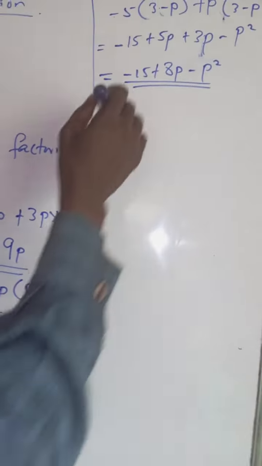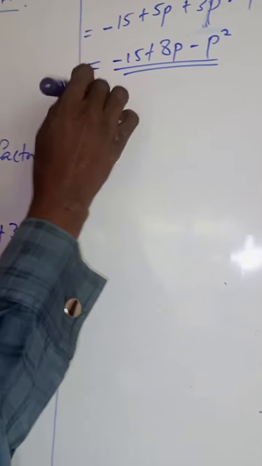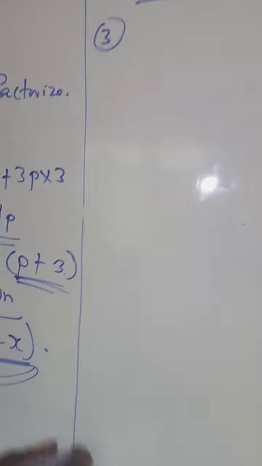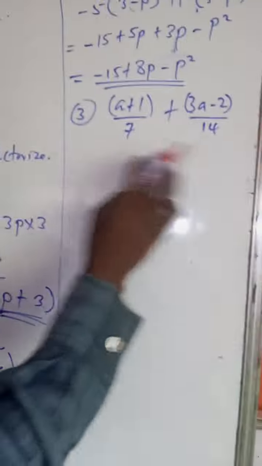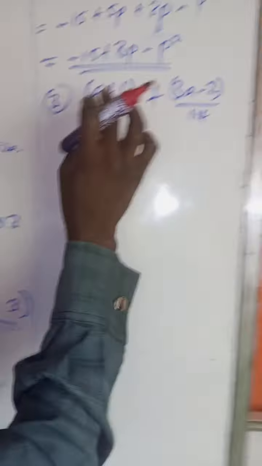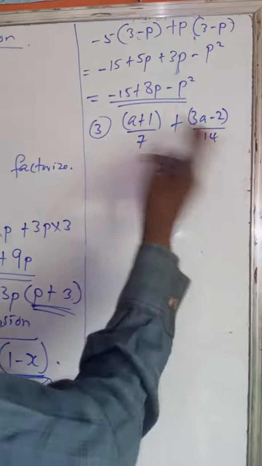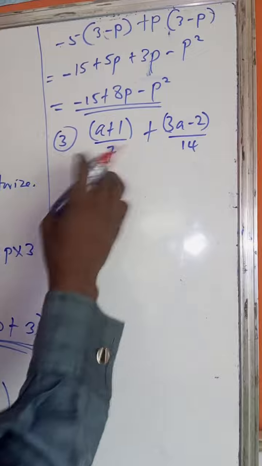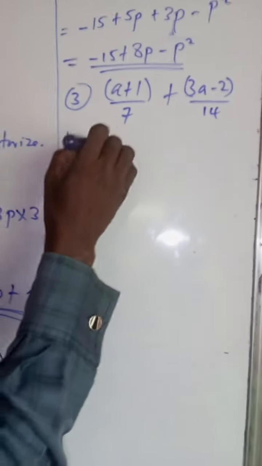So let's go to the second part of it. Let's look at the part involving fractions. When there is a fraction of this kind and there is something in brackets, I've told you about fraction addition and subtraction: you look for the LCM.